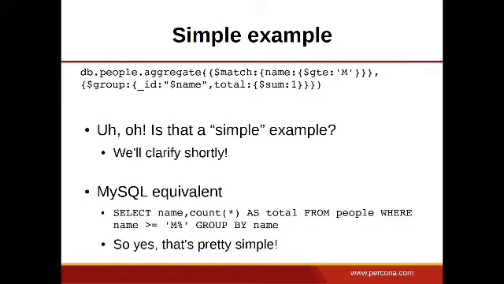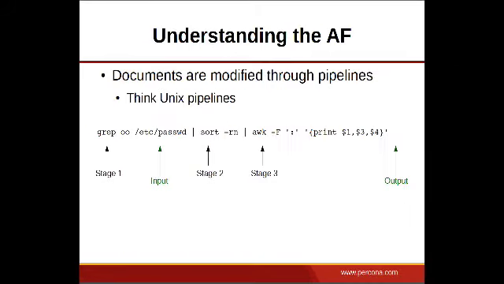So let's look at how the aggregation framework works. The idea is that we have documents as an input, and then the documents will be modified through pipelines like Unix pipelines. So in the Unix world, for instance, let's say you have the /etc/password file.